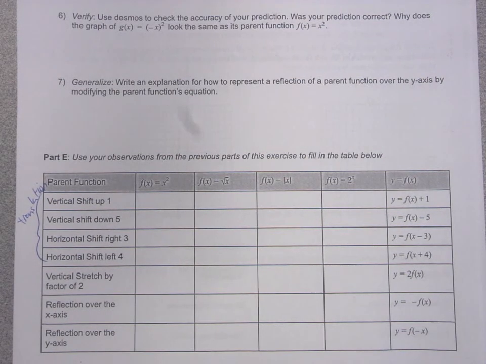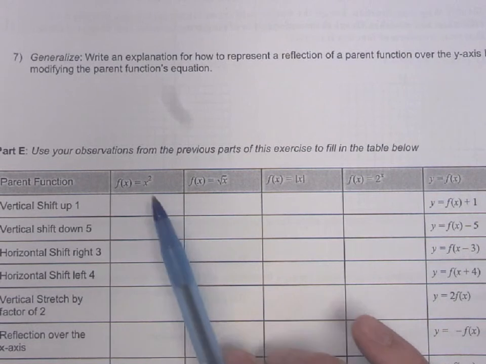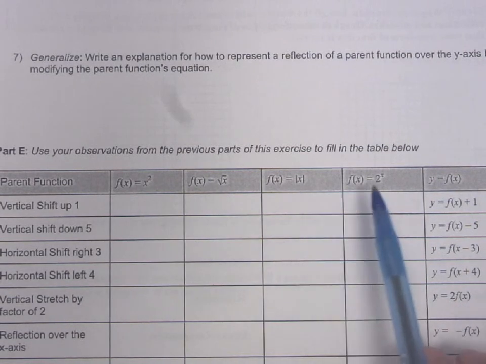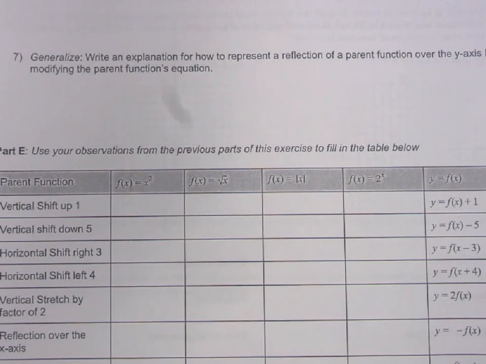Now the vertical shifts happen after the main operation. If you notice in each of these, you have some kind of operation: x squared, square root, absolute value. This is 2 to the power of x. And the vertical shifts happen after, or outside, those main operations.